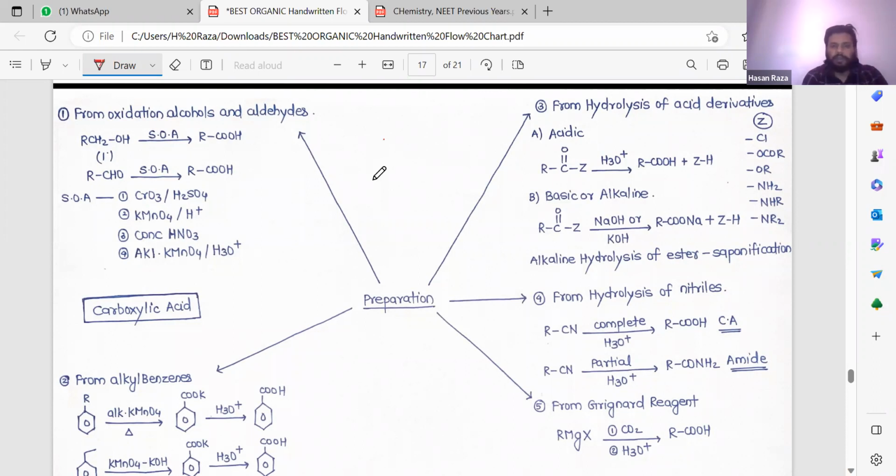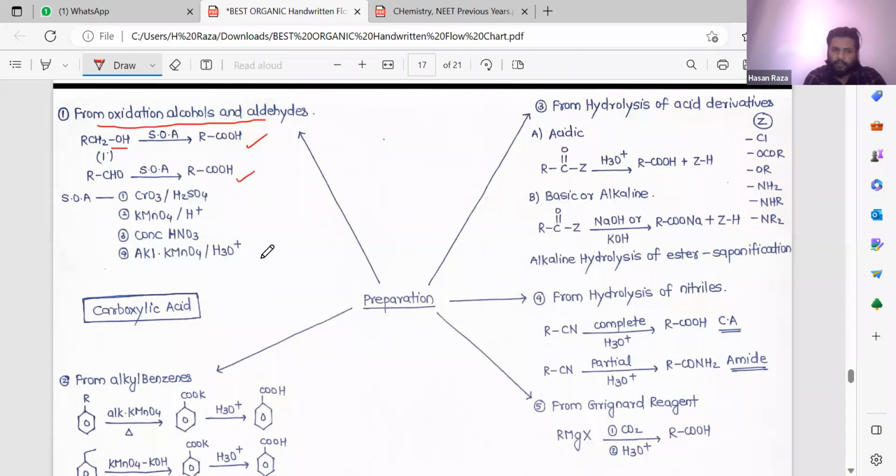Okay. So this is basically carboxylic acid on one page. First, preparation from oxidation of alcohols and aldehydes. You need to use a strong oxidizing agent. On 1 degree alcohol, you will be getting carboxylic acid. Aldehyde, you will be getting this.